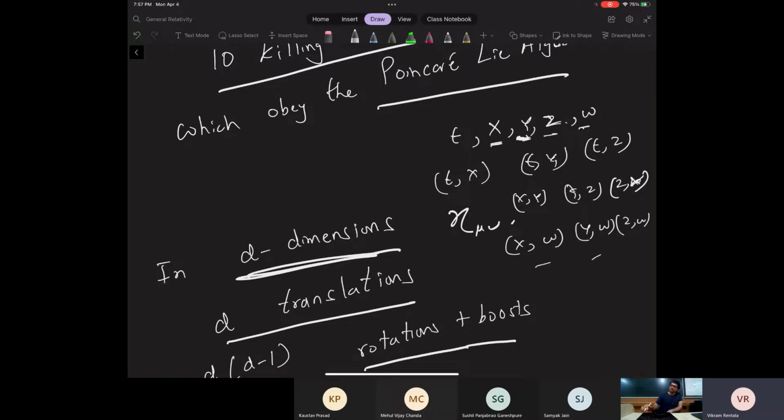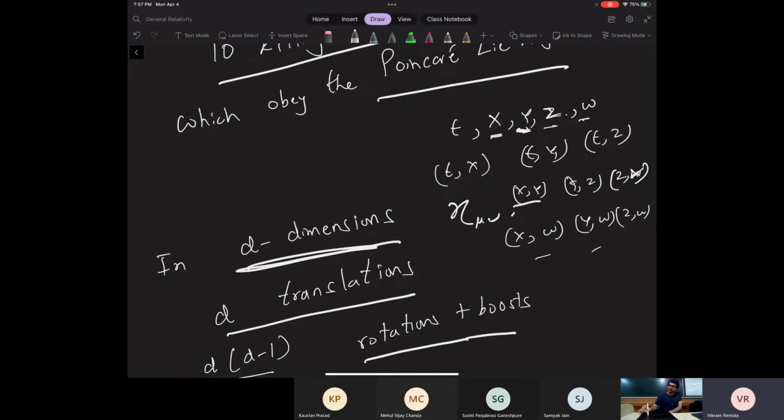By choosing any pair of the spatial coordinates, I get a rotation. By choosing the time coordinate with one of the spatial coordinates, I get a boost. So basically I have to choose any 2 of them, and I'll get either a rotation or a boost.